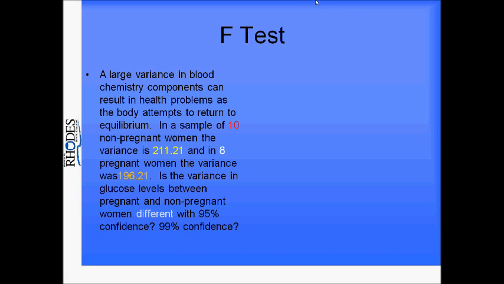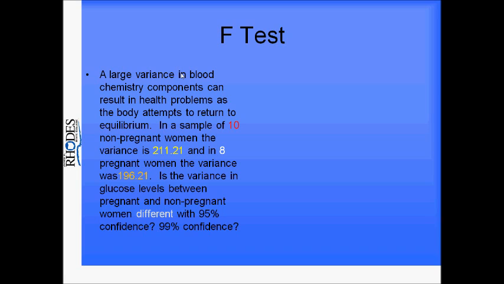So in this example, we have a large variance in blood chemistry components, and that can result in health problems as the body attempts to return to equilibrium. So in this case, they had a sample of 10 non-pregnant women, and the variance ended up being 211.